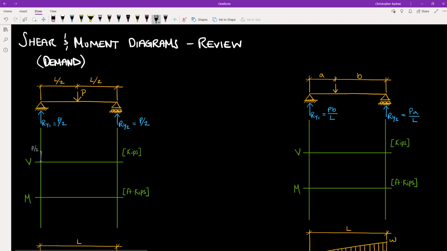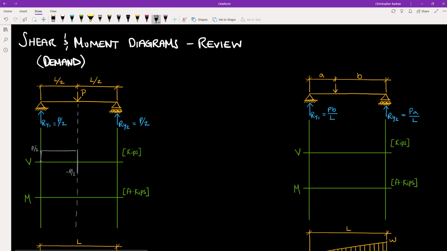Now as we move to the right along the member, we have no external forces, and so our shear diagram remains constant until we reach midspan, where we have our applied load P. And this applied load P is pushing down, so our shear diagram will jump down by a magnitude of P. And since we started at P/2, P/2 minus P gives us negative P/2.